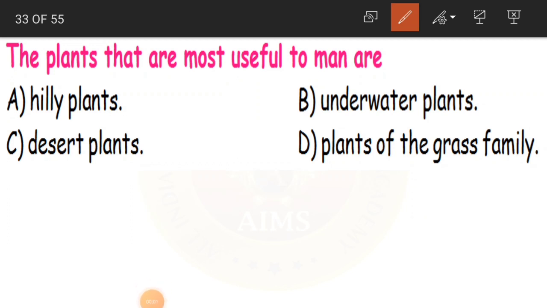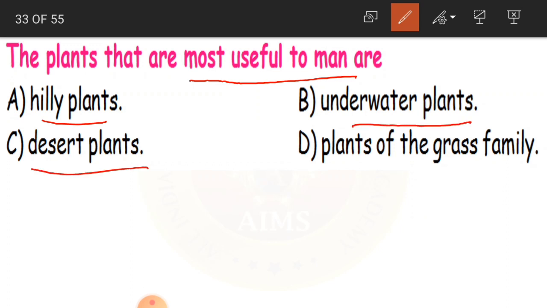The plants that are most useful to man, children, so please remember this. What are they? Hilly plants, underwater plants, desert plants, and plants of grass family. So what is the best use of plants in our daily life? It is the food.